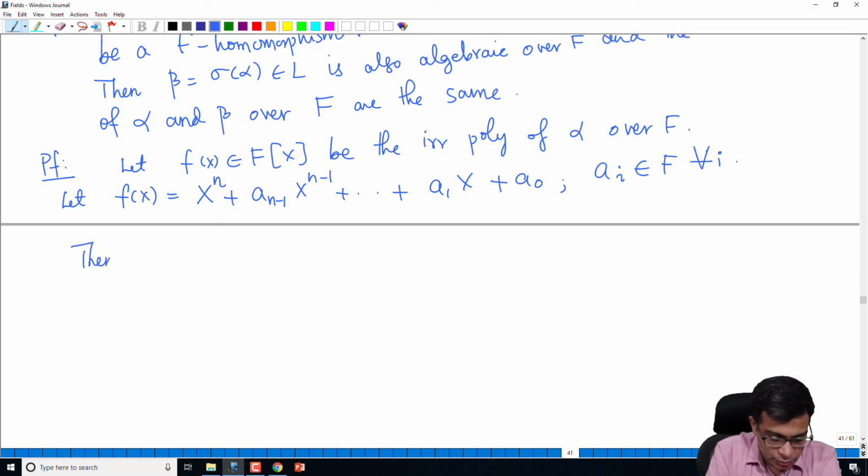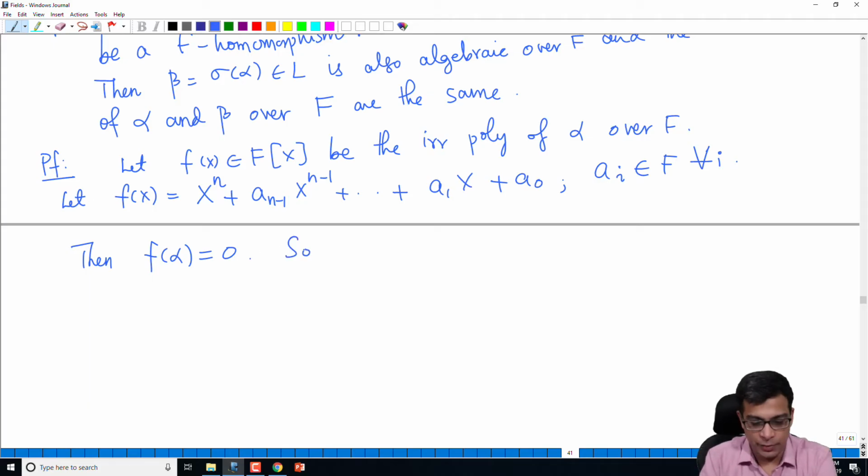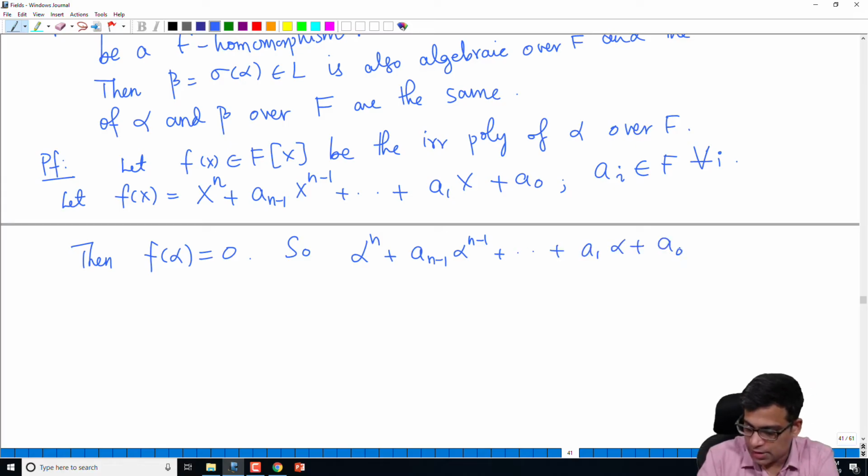So then we know f(alpha) is 0 because it is the irreducible polynomial of alpha. That means alpha is a root. So alpha^n plus a_{n-1} alpha^{n-1} plus dot dot dot plus a_1 alpha plus a_0 is 0.